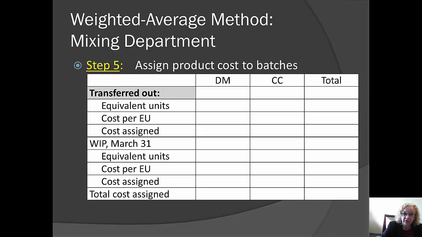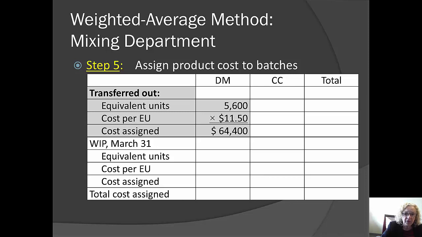So we know that 5,600 units were transferred out. Those units were 100% complete for materials, so they represent 5,600 equivalent units for materials times the cost per equivalent unit gives us the total materials cost that is attached to those units.